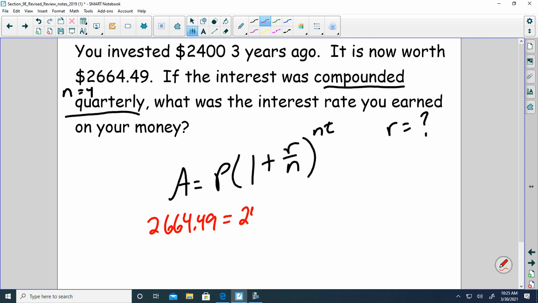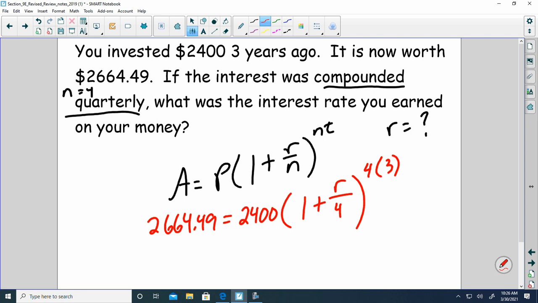We had originally put $2,400 in. 1 plus our rate, which we don't know, over N, which is 4, raised to the 4 times 3 because there were 3 years. Good so far? Everyone follow where my math went?